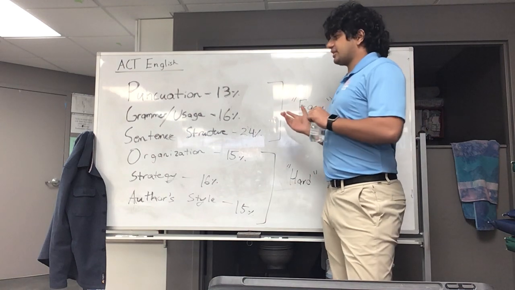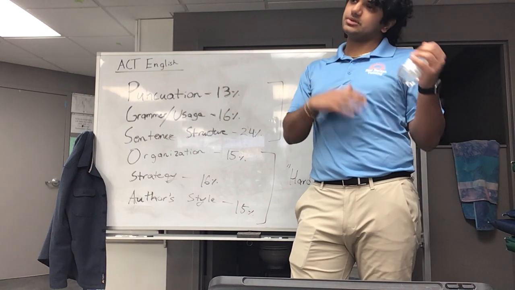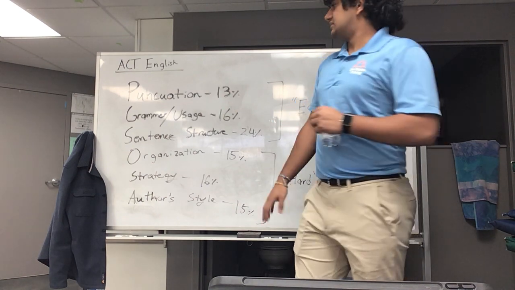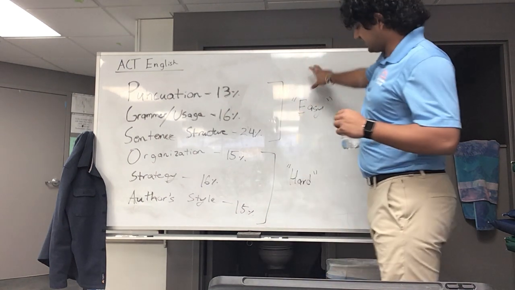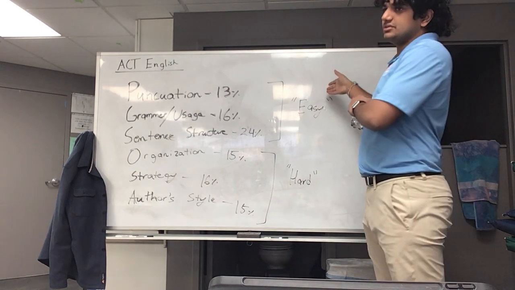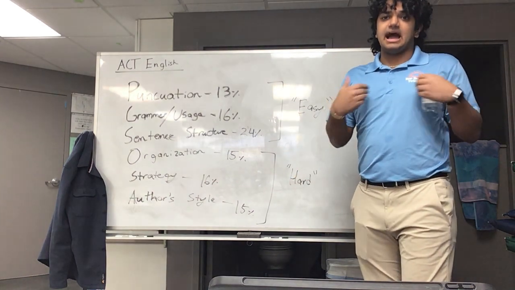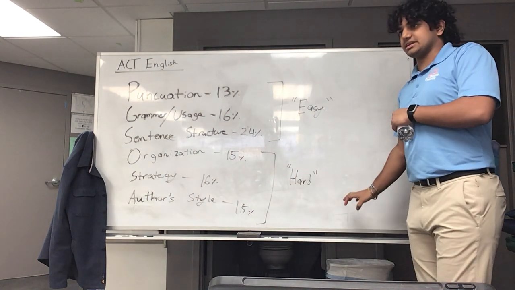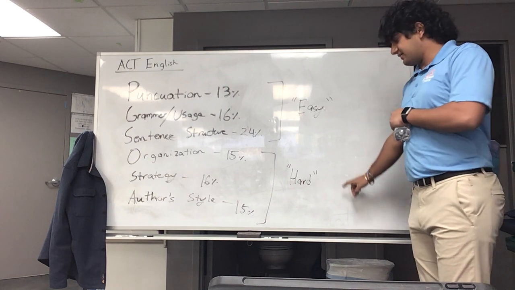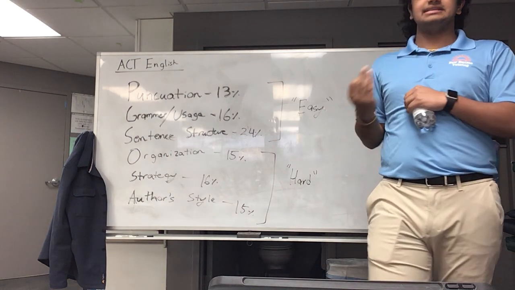This is just an interesting breakdown. I think that'll help you put into perspective what standard usage and mechanics and rhetorical skills means. Up here, I've written down the two categories that the ACT likes to define as standard usage and mechanics and rhetorical skills. For simplicity's sake, I'm just going to call them the easy section and the hard section. The reason I have quotation marks around easy and hard is because one of them is not easier than the other.